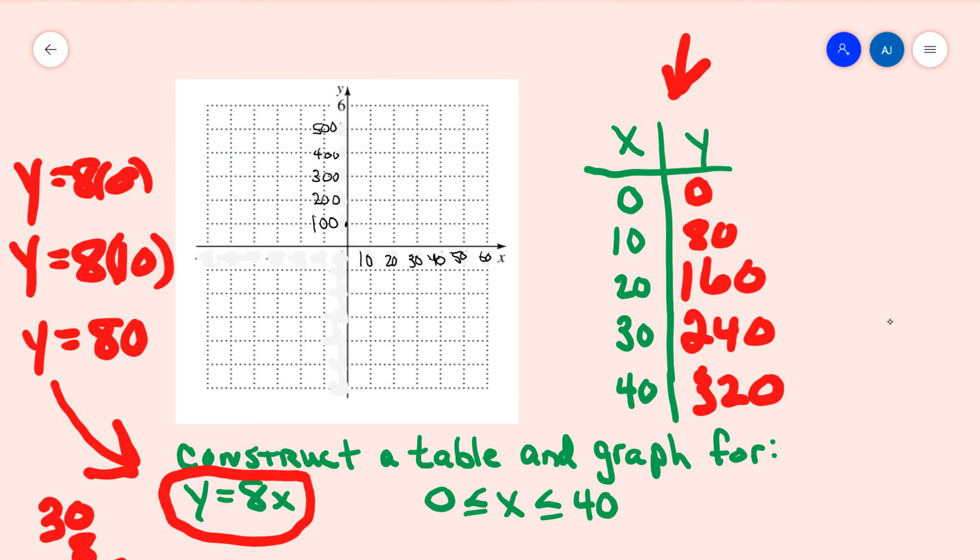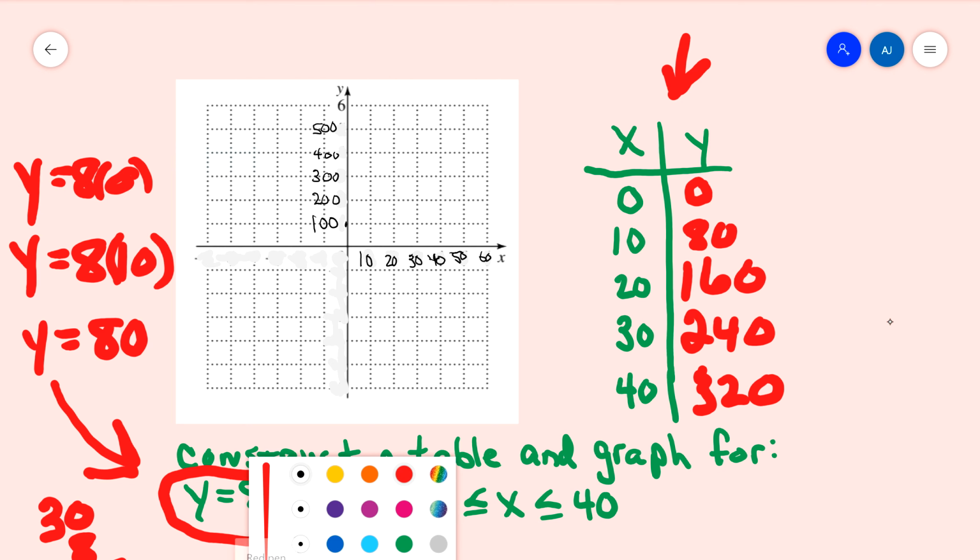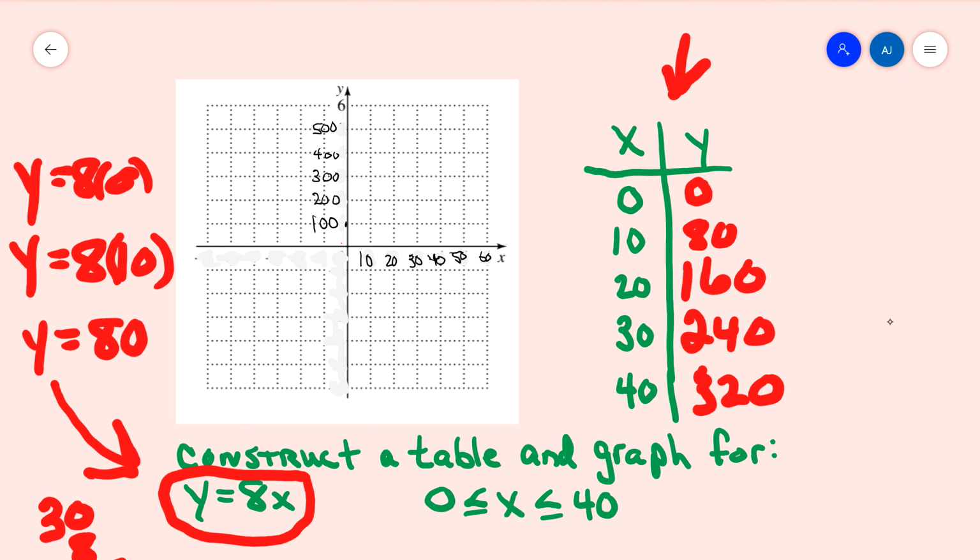So let's see. Now I'm going to plot these points on the graph, and that'll give me my line that I need. All right, so the first thing I want to do, this is a personal problem. I'm going to take this and maybe give myself a smaller lead head. And I'm going to plot these points. So 0, 0 is here. What else have I got? I got 10, 80.